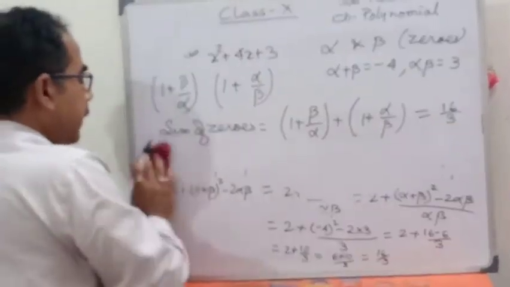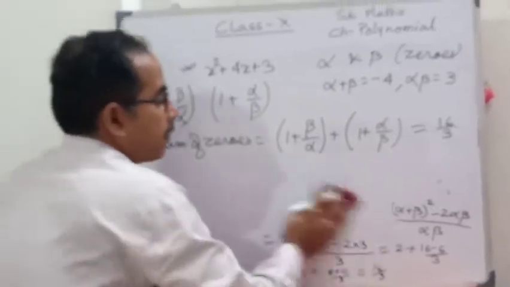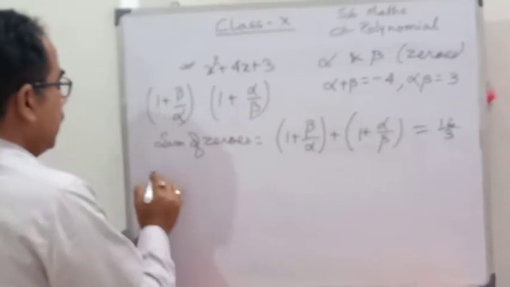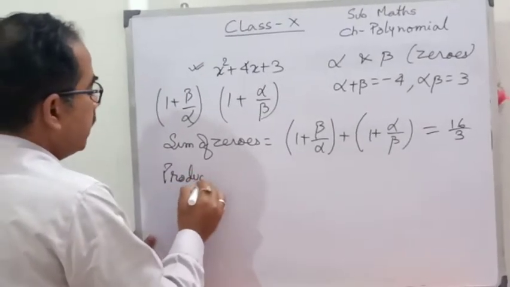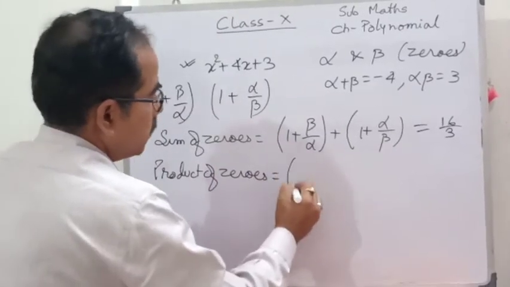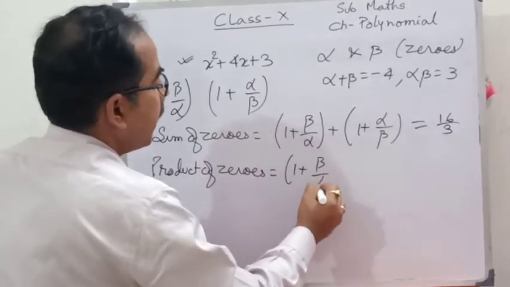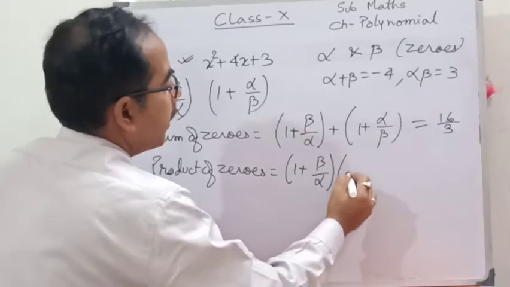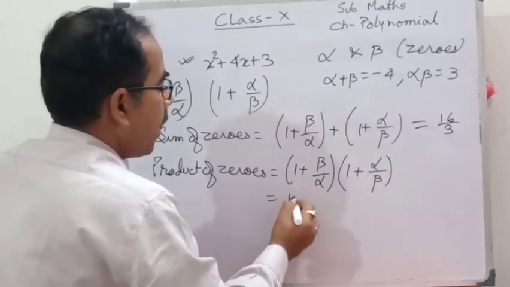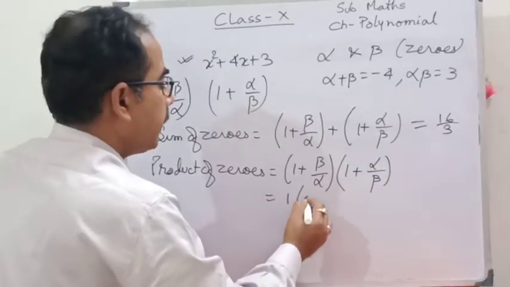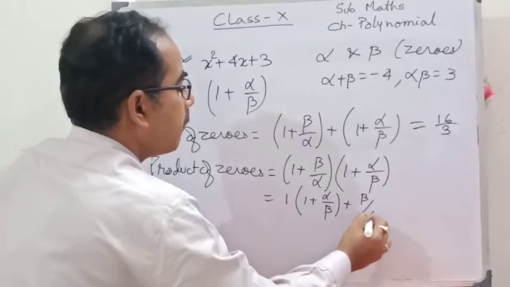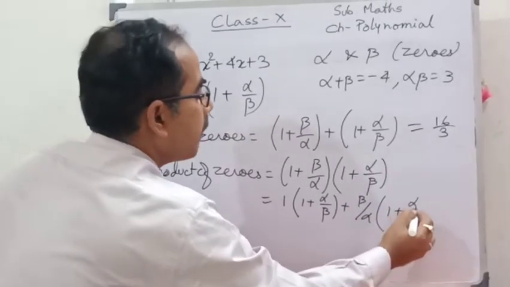Now what is the next part we have to find out? That is the product of the zeros. Yes students? So product of the zeros will be 1 plus beta by alpha multiplied by 1 plus alpha by beta. So look here, 1 multiplied by the complete thing, that is 1 plus alpha by beta plus beta by alpha, multiplied by 1 plus alpha by beta.